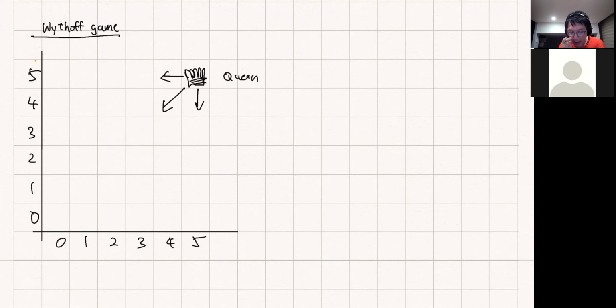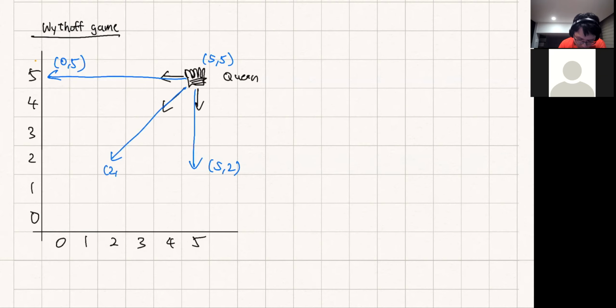So it could, for example, move from 5, 5 to 5, 2. It could also move to 0, 5, or it could move to 2, 2. There are other ways you can move the queen. So that is the Wythoff game. And you cannot move beyond the 0, 0 square.